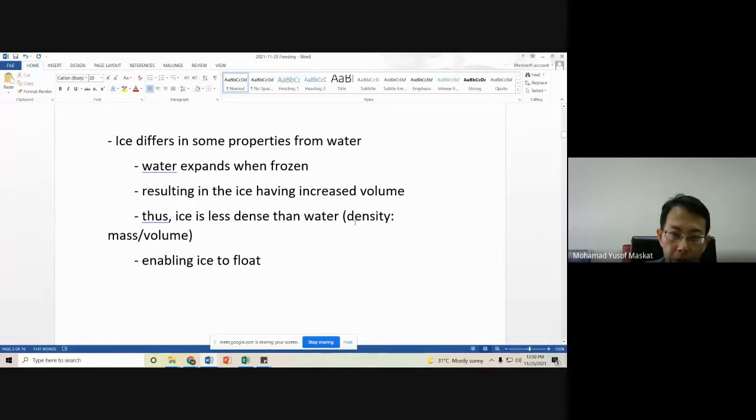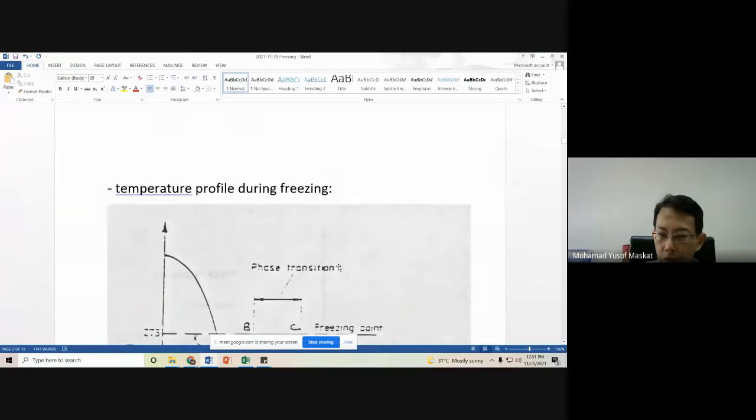So the density reduces, and that is why ice floats, because it is less dense than water. So this is one of the anomalies. Water expands when frozen. This is also important, because in certain situations, for example, if you take a bottle of water and freeze it, it will break the container, because water expands when it is frozen.